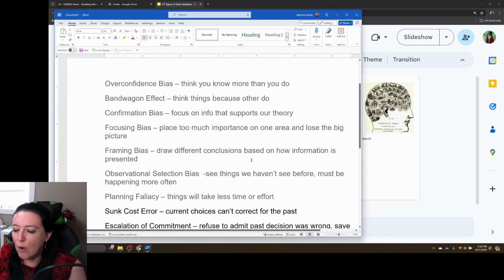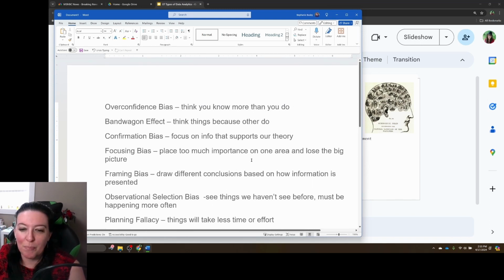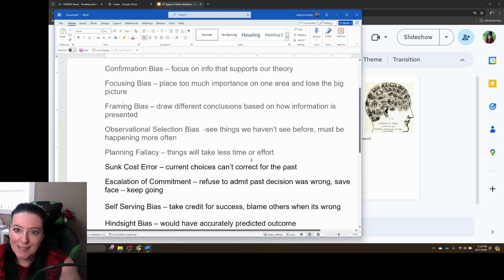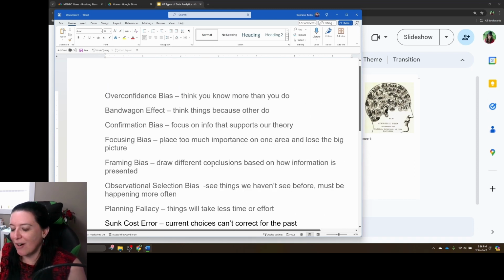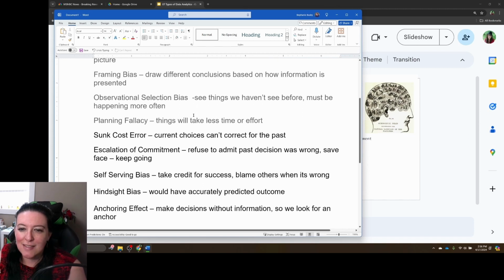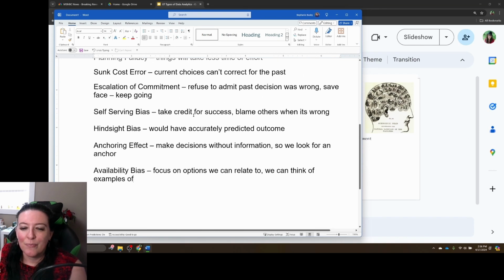So we've been going through all these different types of cognitive bias to recognize that humans are highly influenced by lots of things: our own personal self-interest, our need to save face, our own inability to recognize time, the influence of others, the way people frame things, and the lack of information, which means we search for information that doesn't exist.